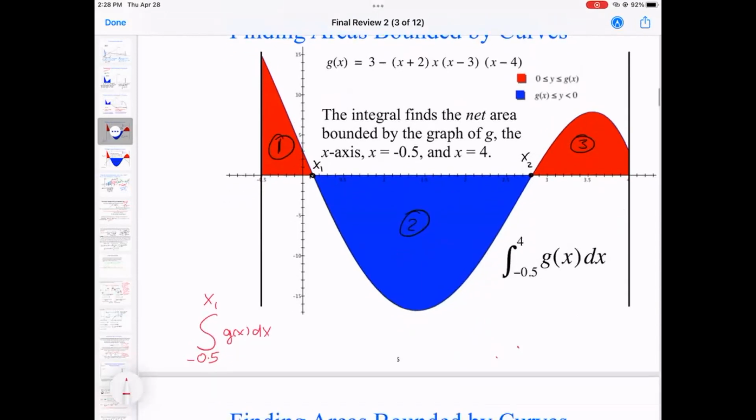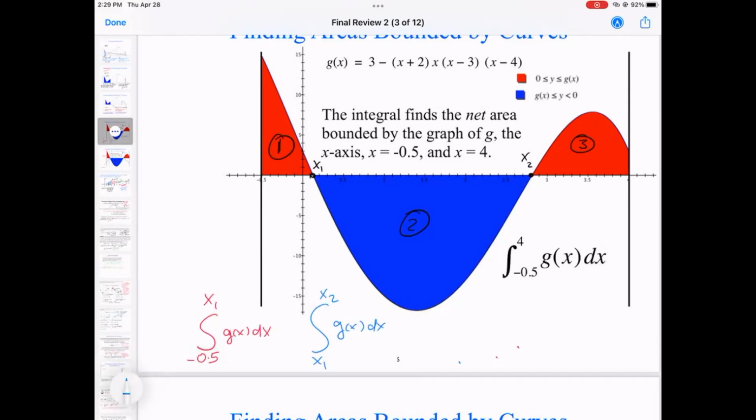How about the second one? Can you write a formula which calculates the area of the blue region here? What would that be? Integral from x1 to x2, g of x dx.